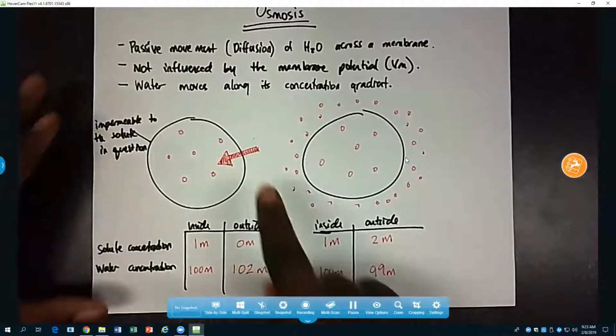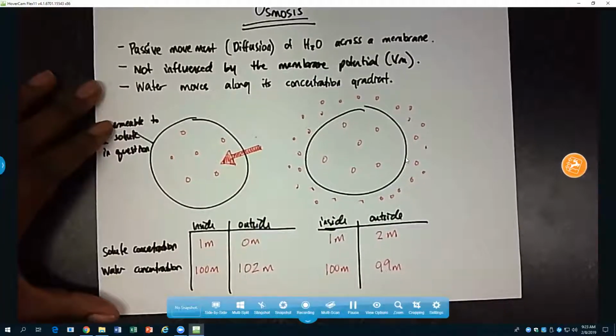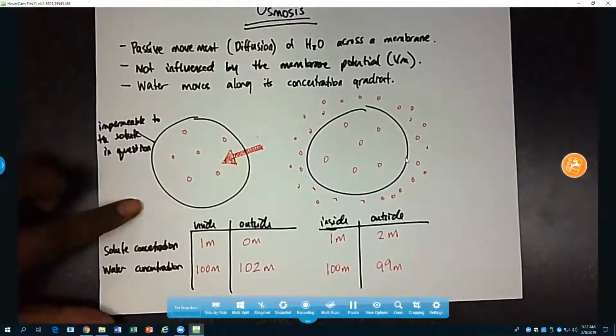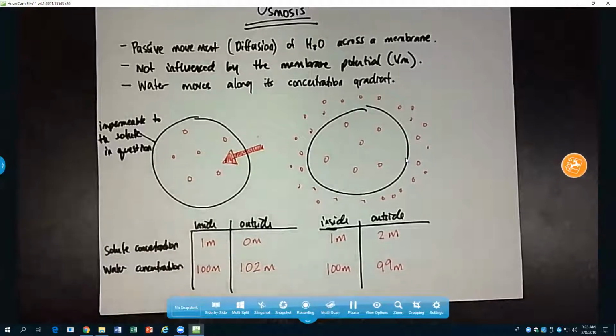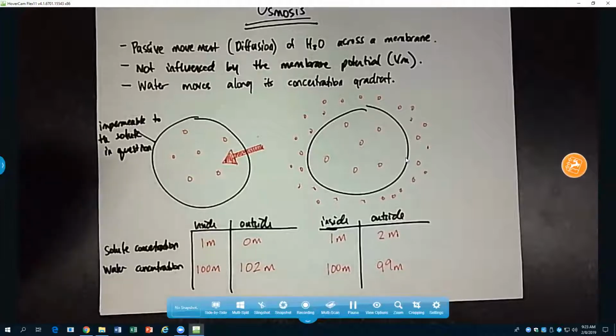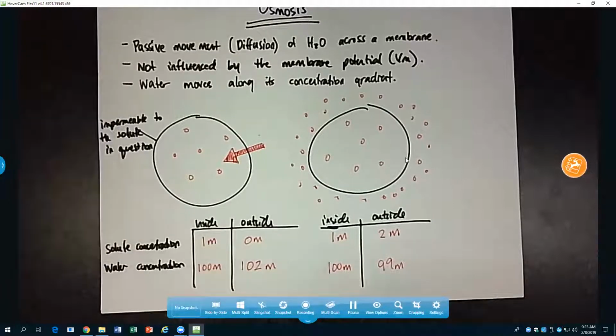Alrighty, and so water moves into the cell to compensate for that in the first scenario. Correct, so the solute cannot move according to the concentration gradient, so water moves instead.